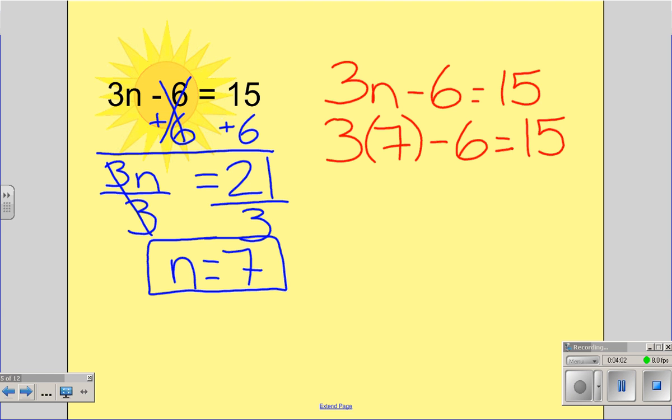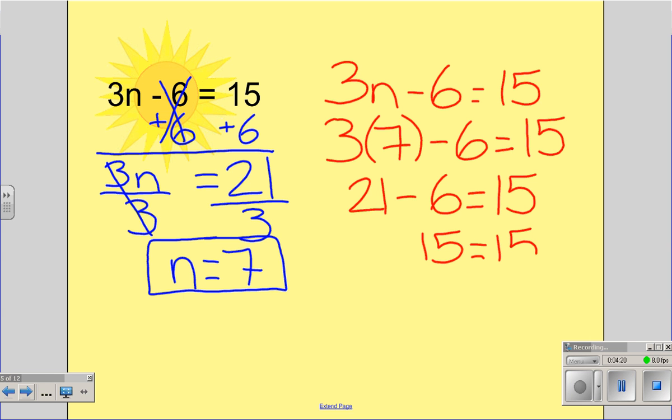We're going to use our rules for order of operations, so we're going to multiply first. 3 times 7 is 21. Copy the remainder of the problem as it is. 21 minus 6 is 15. Bring down the equal sign. What's on the right side is 15. 15 does equal 15. Therefore, it is correct.